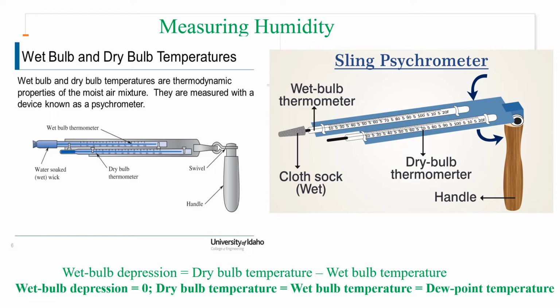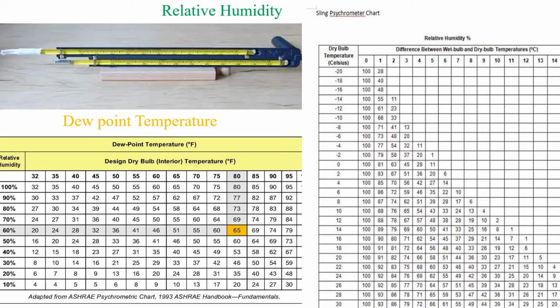So let's see how we actually measure relative humidity and dew point temperature by looking at a chart. On the right side of this slide, we have the chart for the relative humidity.